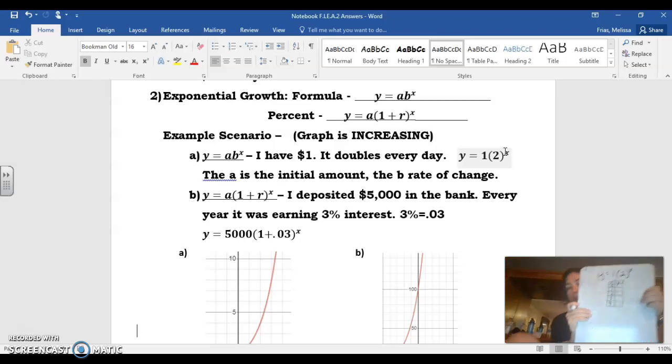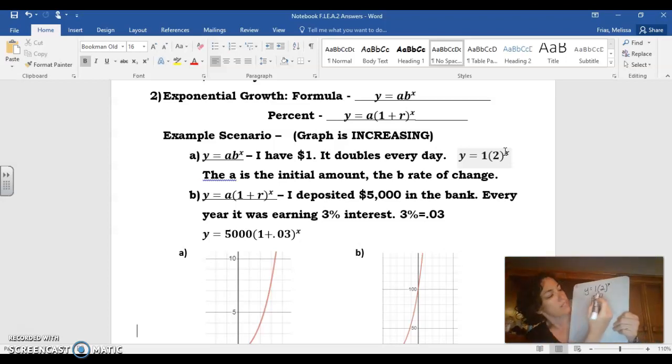And hopefully you can see that. And basically, if I plug in a 0 here, well, just a refresher with exponents, anytime you have something to the 0, it's going to make 1. Even if I had 1,000 to the 0, 1,000,000 to the 0, the exponent 0 makes it a 1. So this would just be 1, which is my y-intercept.